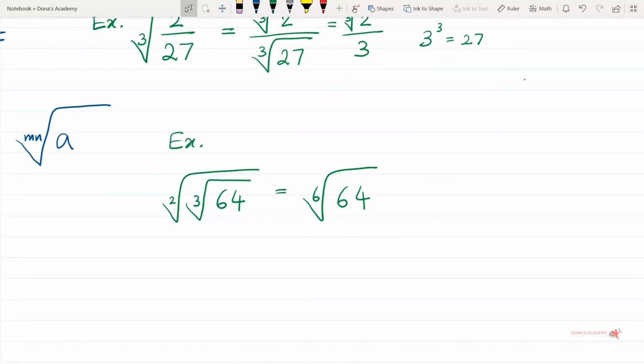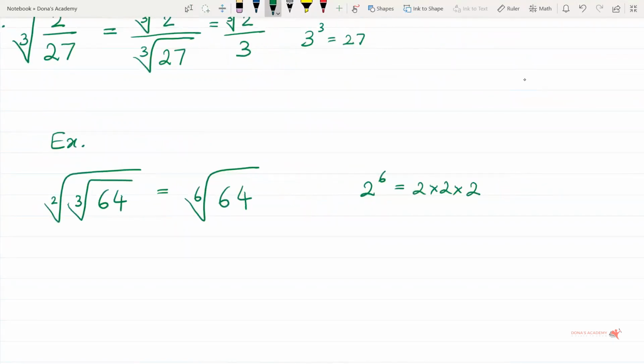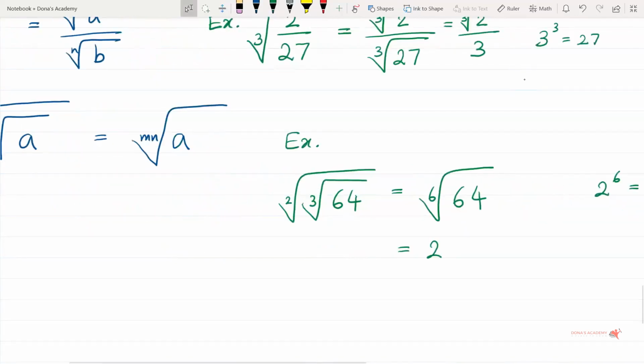We know that if you consider 2 to the power 6, what is this? 2 times 2 times 2, another 2 times 2 times 2. This is 8, and this is 8, and 8 times 8 is 64. So 2 to the power 6 is exactly 64. So this is the same as 2.